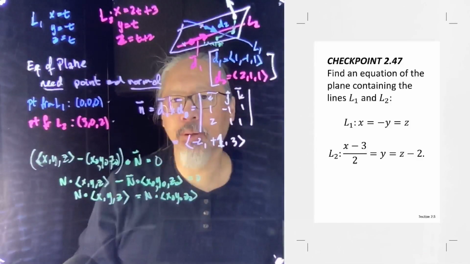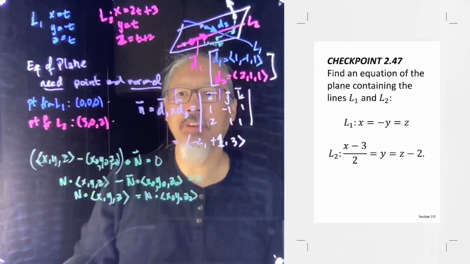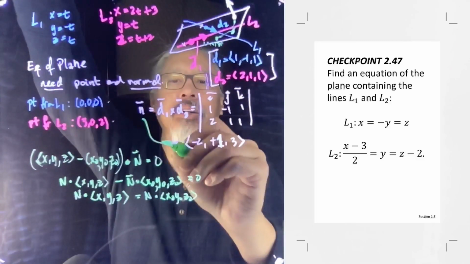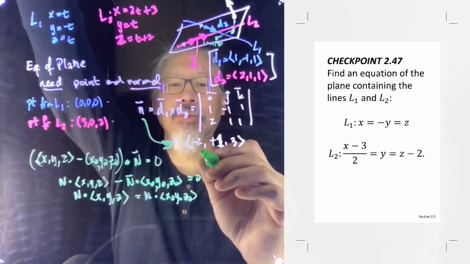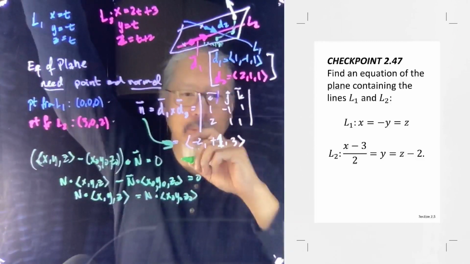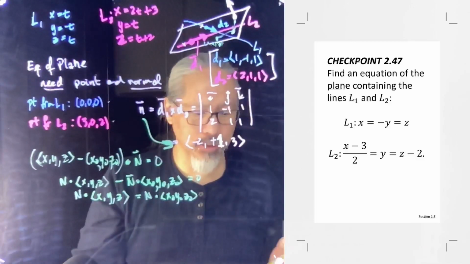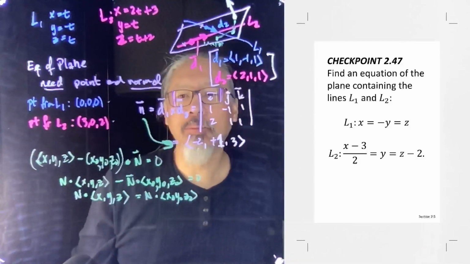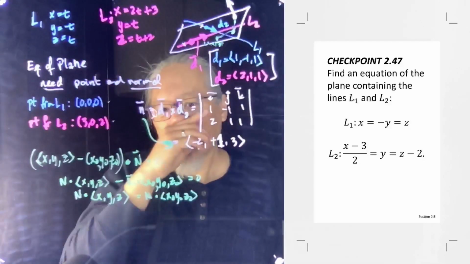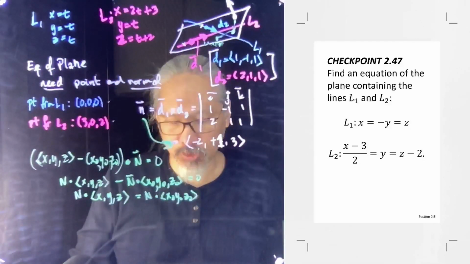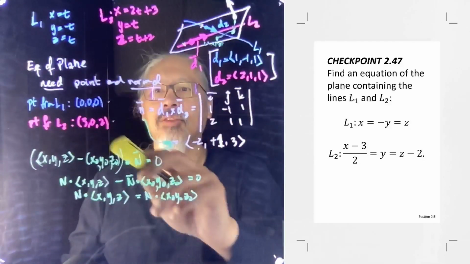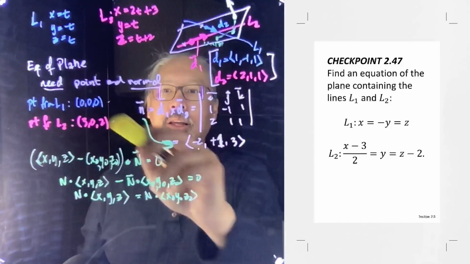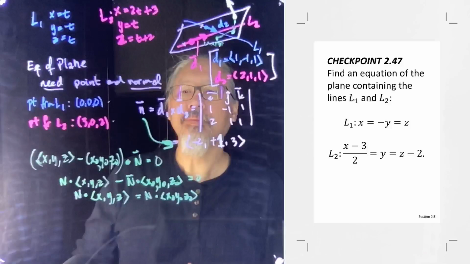All right, so this is where we're going. We found our normal vector. This is n, our normal vector. And when we dot this with x, y, z, it'll just be each of those components multiplied by x, multiplied by y, and then multiplied by z. And then likewise for the right-hand side, it'll just be this dotted with one of these points.